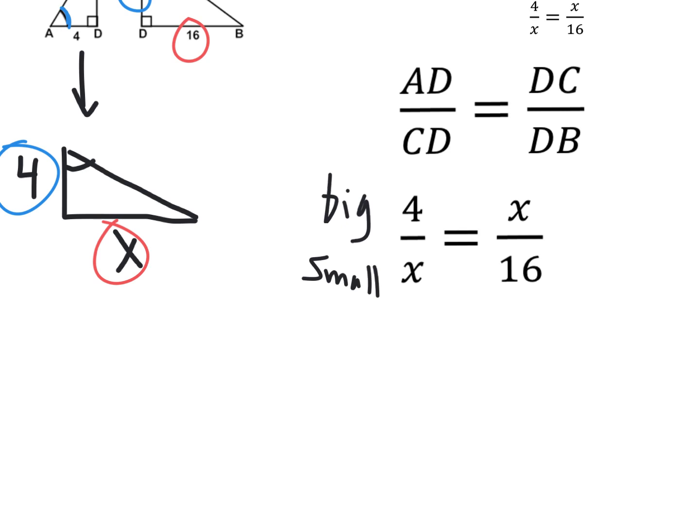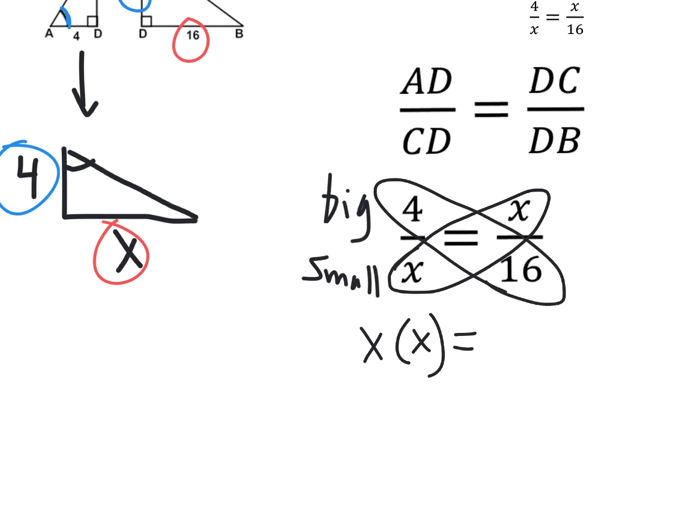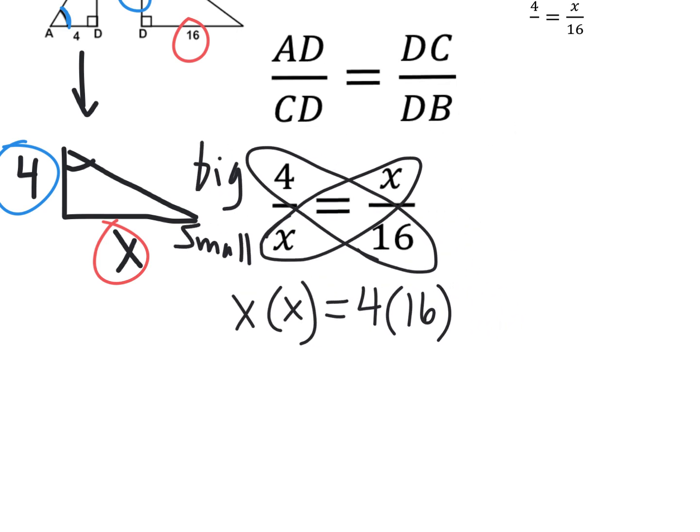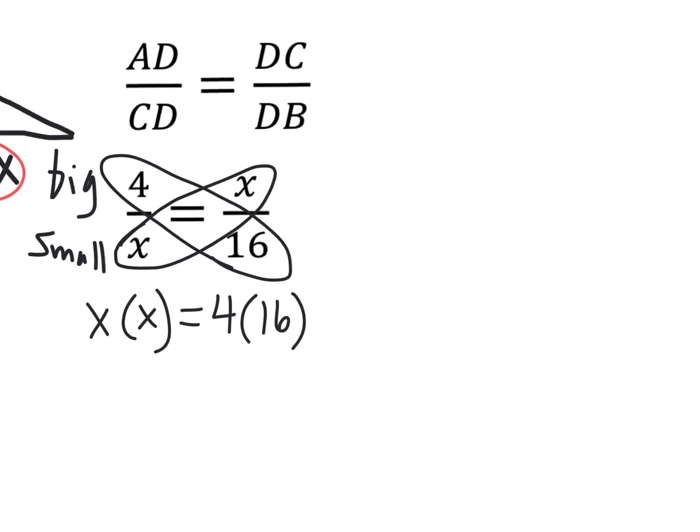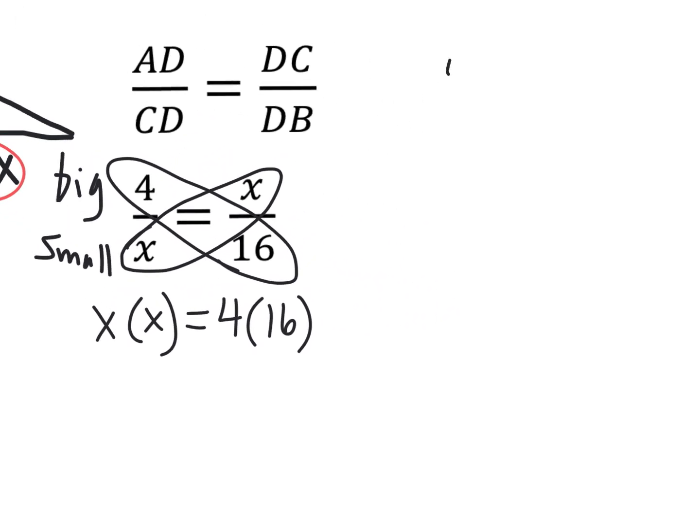Cross multiply means we can multiply diagonally. Multiplying diagonally seems like not math, really. So let me just explain real quick why cross multiplying works.